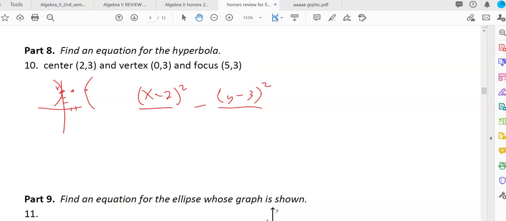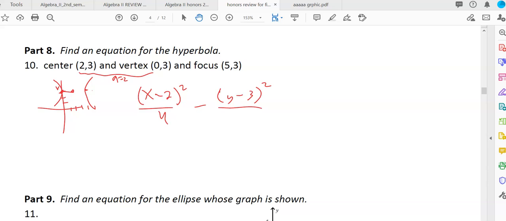From the vertex to there, the center is a distance of 2, so a equals 2, so that would be 4 here. And then this one, the focus to the center, so that's 5, 3, so we're up there.